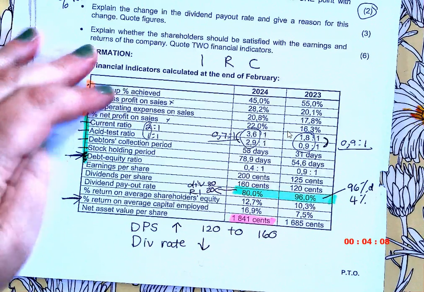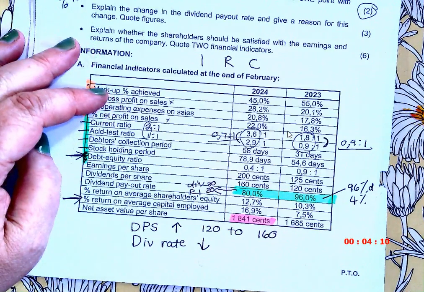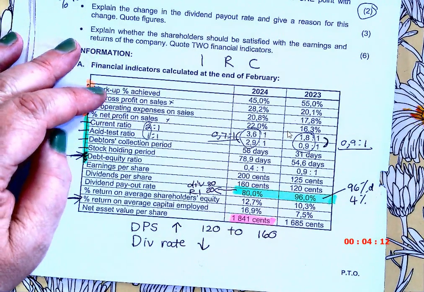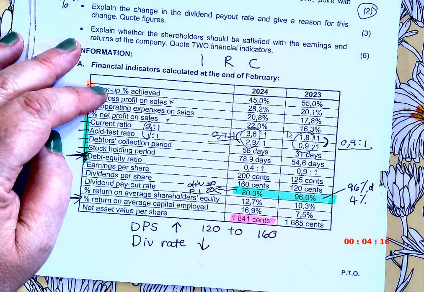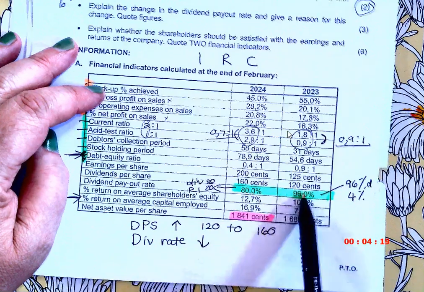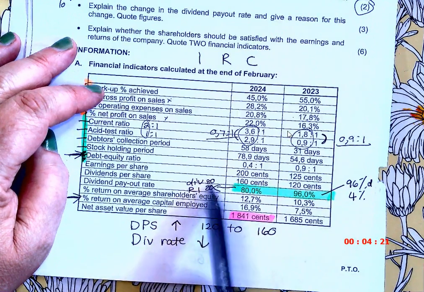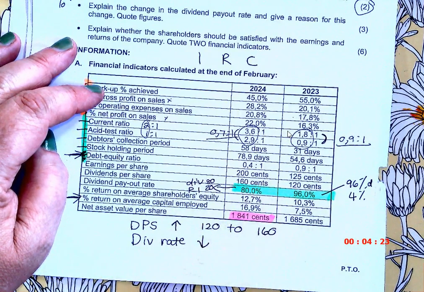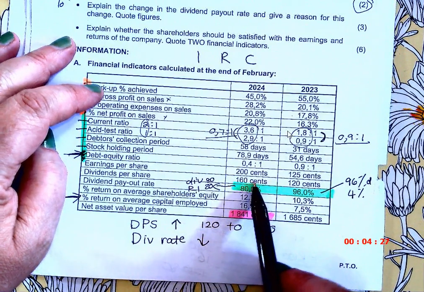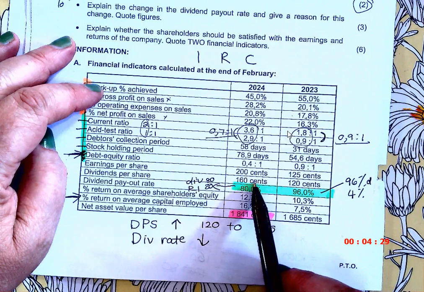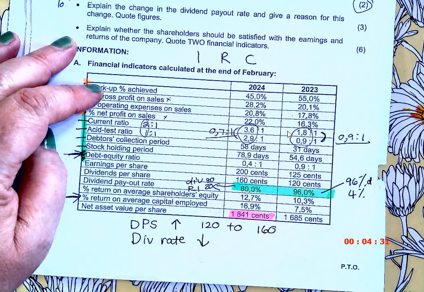So can you see my savings is going up? So now they are asking you, how did I finance the fact that I am paying out more dividends, even though the dividends are a smaller percentage of the earnings? Where did I get the cash from?